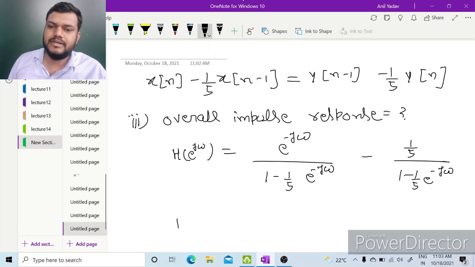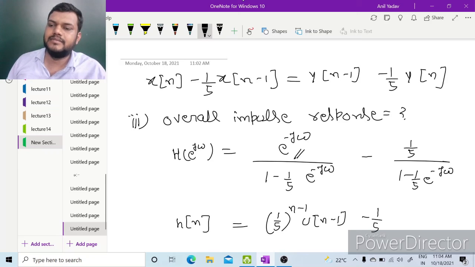Take inverse DTFT on both sides. This is 1 upon 1 minus a e to the power minus jω, so it is a to the power n u[n], where a is 1 by 5, and it is multiplied with e to the power minus jω. It means we have time shifting by 1, so h[n] is (1 by 5) to the power n minus 1 u[n minus 1] minus 1 by 5 into (1 by 5) to the power n u[n]. So this is the overall impulse response.